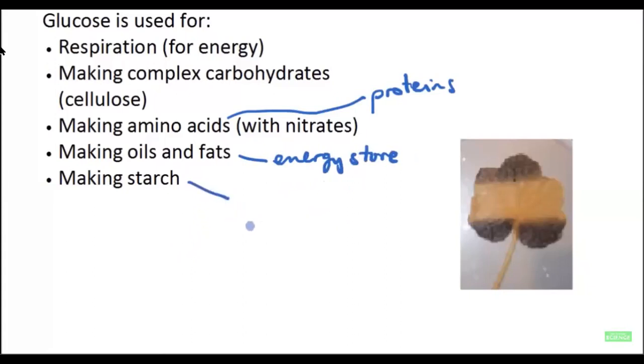Starch provides the plant with energy when it's dark, for example at night, and it can also be used as a long-term store of energy, for example in potatoes. So starch here is another energy store. It uses the starch for energy when it's dark outside, when there's no light and it's not able to do photosynthesis. That's when it uses starch.